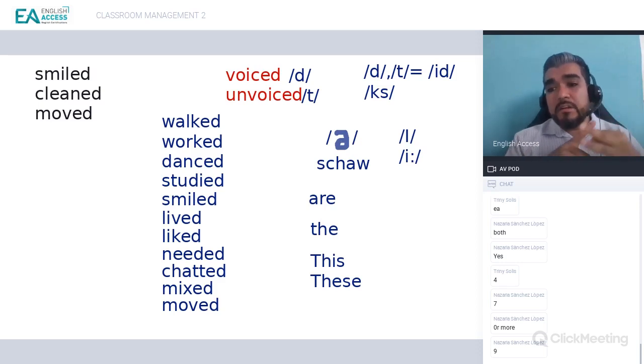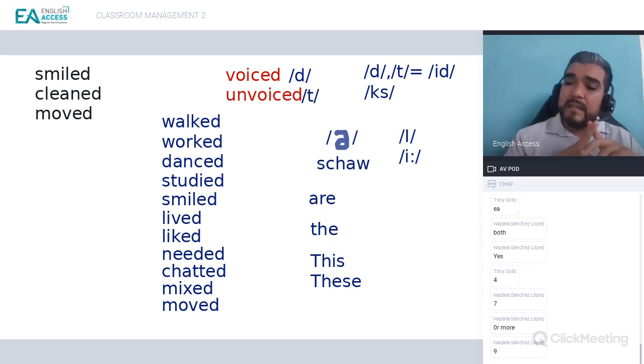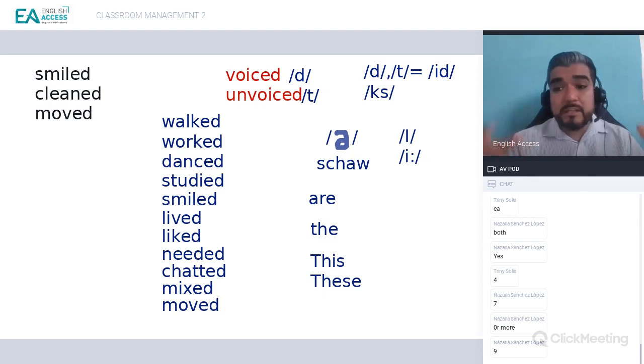So think that in your classroom you have 30 students, right? From those 30 students, 10 would be auditory, 10 would be kinesthetic, and 10 would be visual, right? And sometimes those visual students don't understand when they listen.